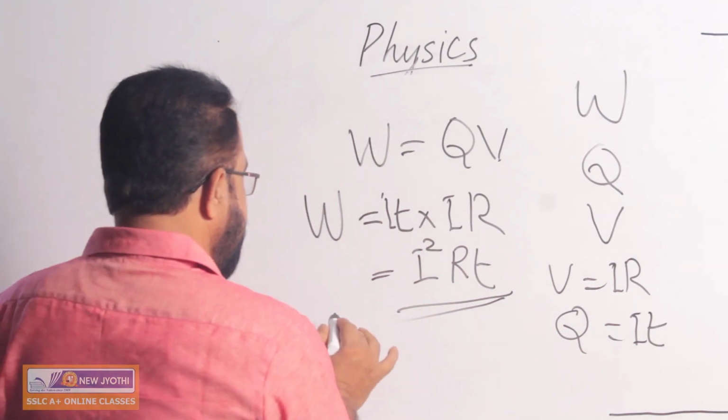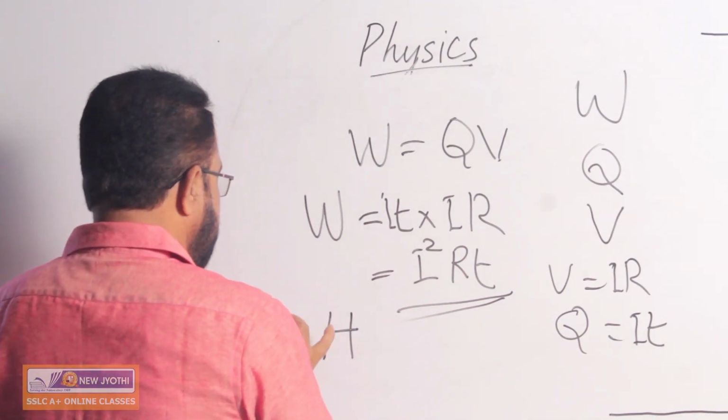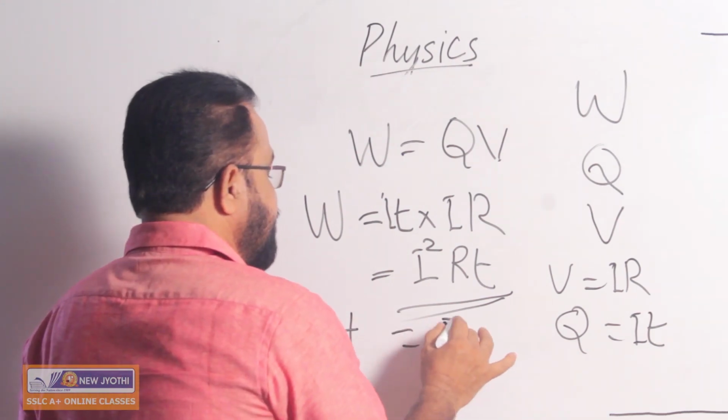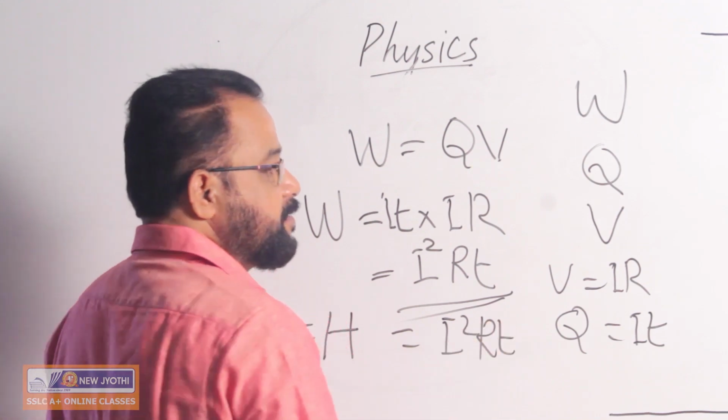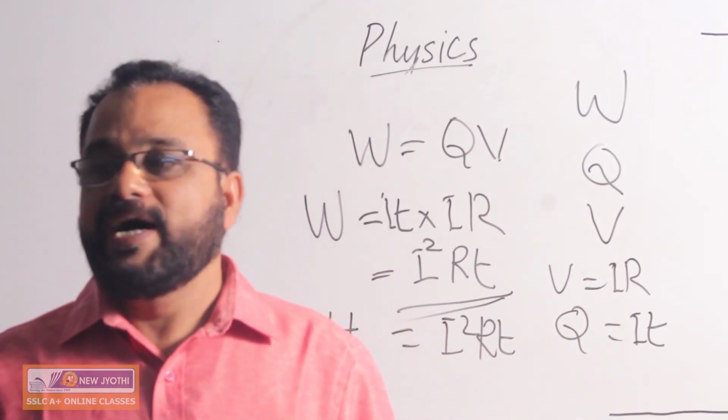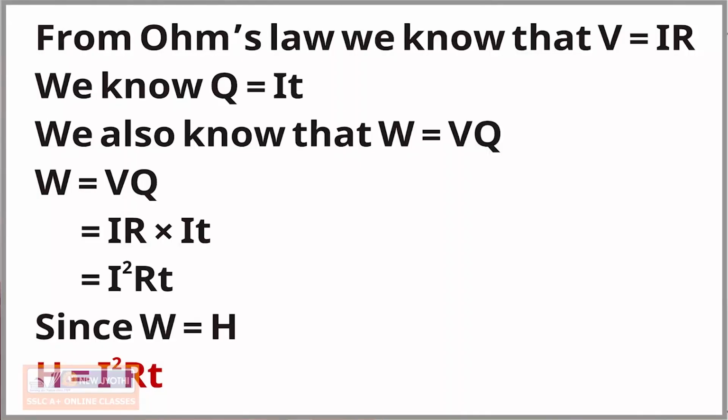So we can write that W is equal to H, which is equal to I squared RT. So the first equation for heat, H is equal to I squared RT. W, you have found that W is equal to Q into V. Q is the quantity of charge and V is the potential difference. From standard 9, you have studied that Q is equal to IT. And what about V?